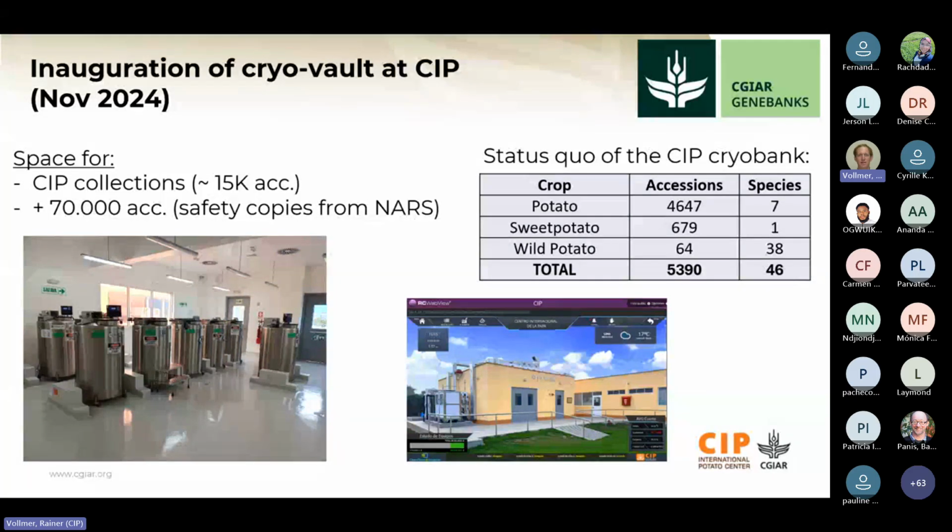So this is why we offer the option that they can deposit safety copies, especially from the region, in our cryo bank. You can see some cryo tanks in the building. And these are the numbers of our cryo bank: we have a lot of material already in cryopreservation, especially potato, but sweet potato is also growing.